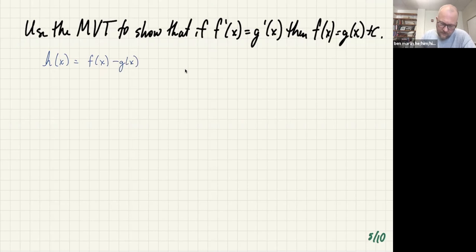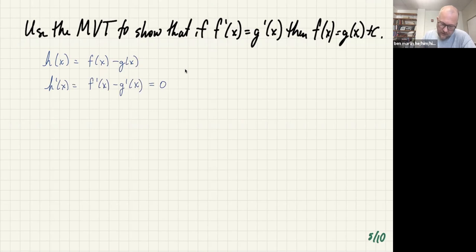And then we're going to be able to say that h prime of x is going to be equal to f prime of x minus g prime of x, which, since f and g have equal derivatives, is always 0, all right?